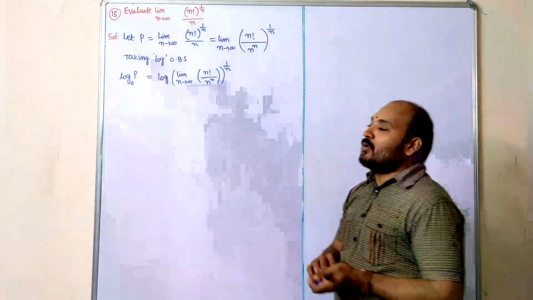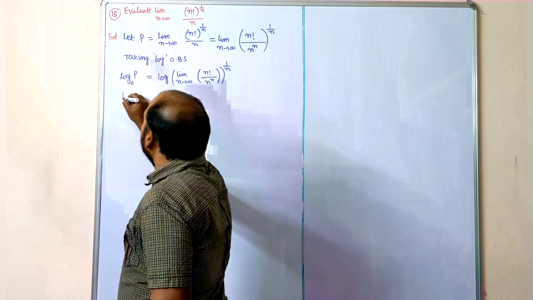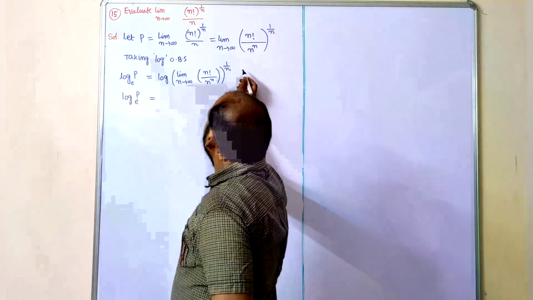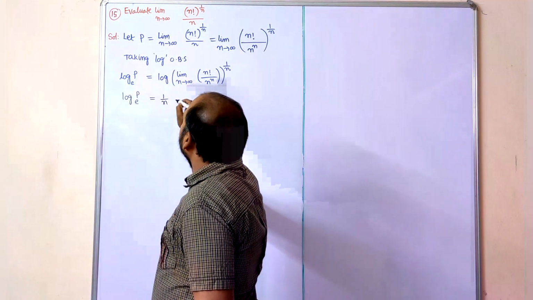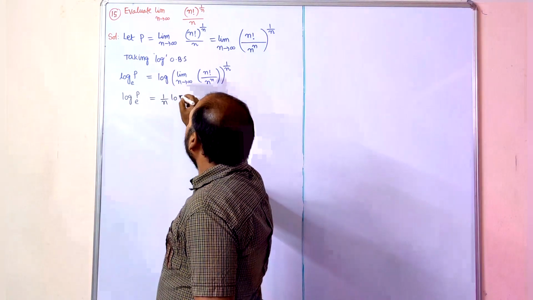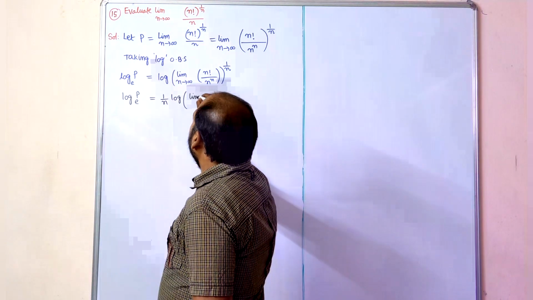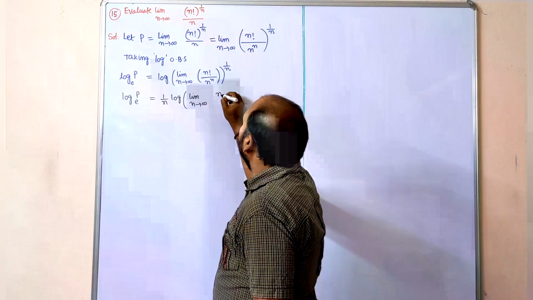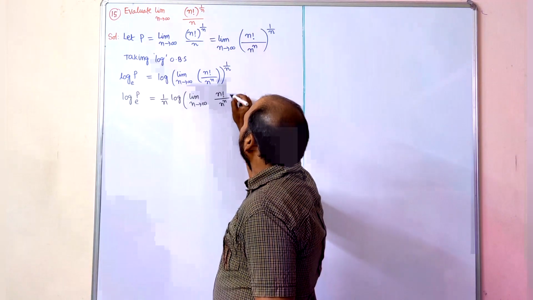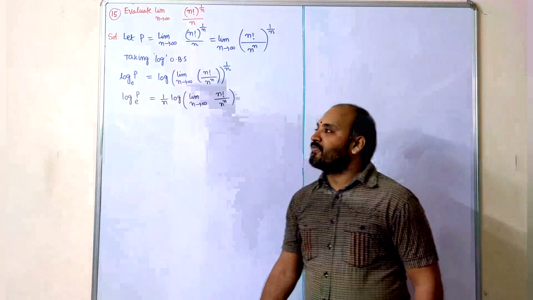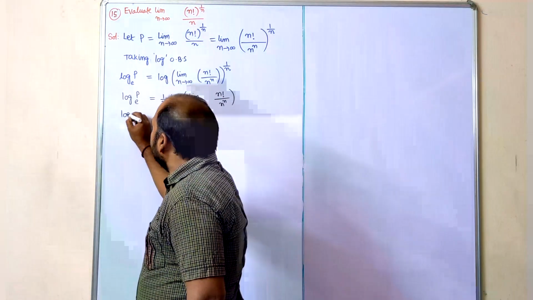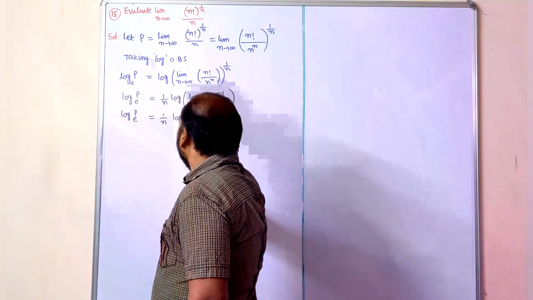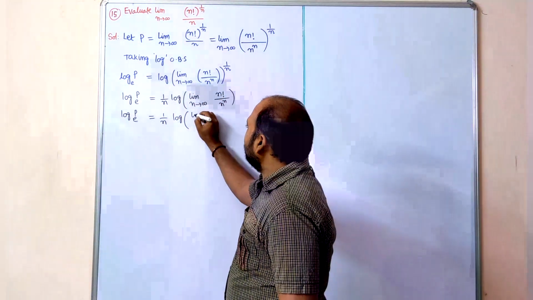In the next step onwards, log p to the base e is equal to, that 1 by n will come here, 1 by n log of limit n tends to infinity n factorial by n power n.